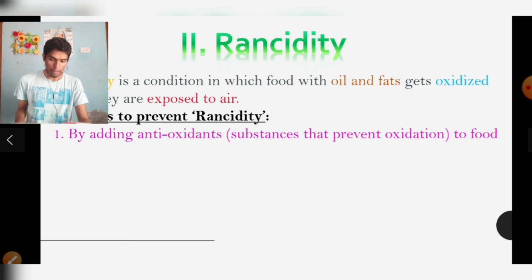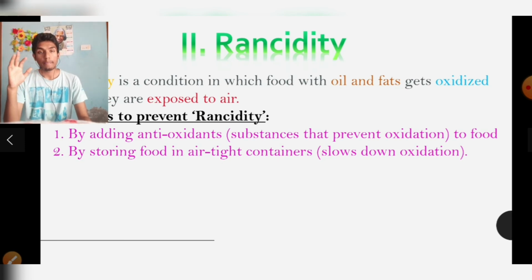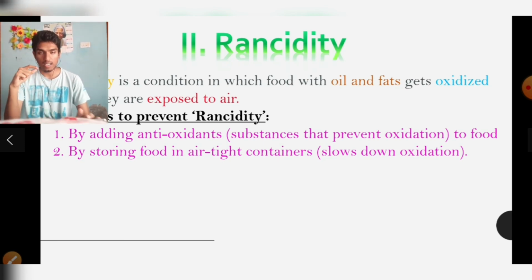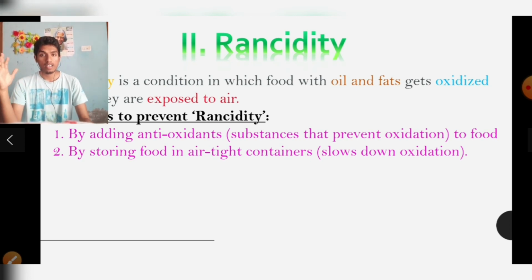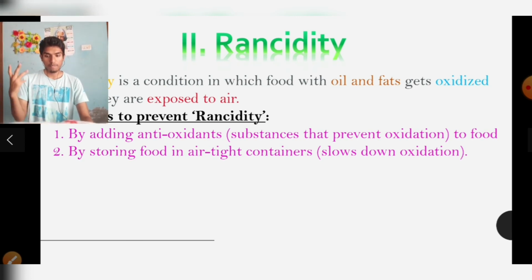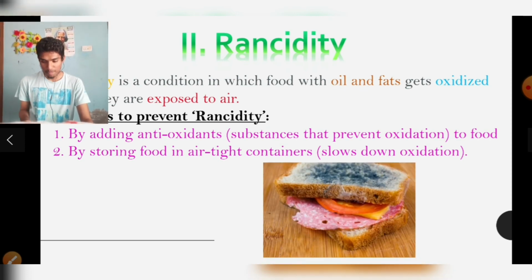Another prevention method is storing in airtight containers. As I said, pickles are generally kept in airtight containers with which we can retain their taste, or else they deteriorate in taste and may taste like trash. So this is how food spoils if it reacts with oxygen in the atmosphere.